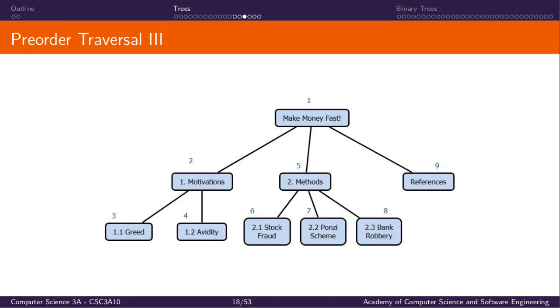For each of those children, its visit is visiting that node, then all of its children. Only then do we return. So we print our root, then to print its leftmost child, we visit that leftmost child, then its children, then return to the root to visit its next child.